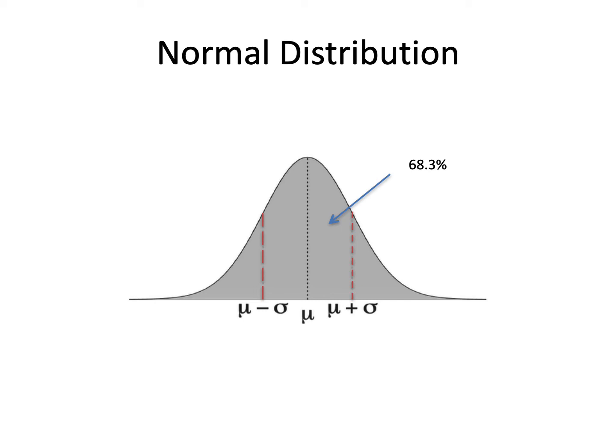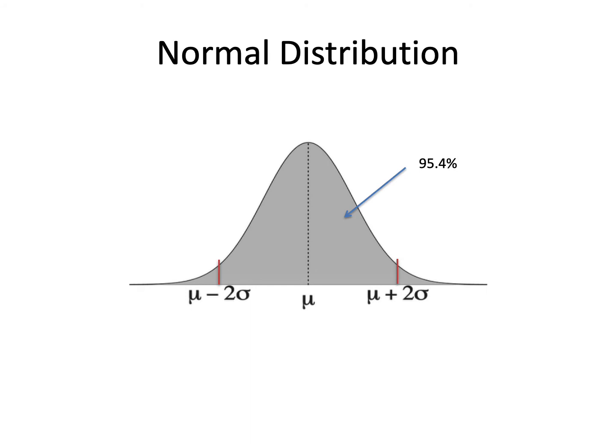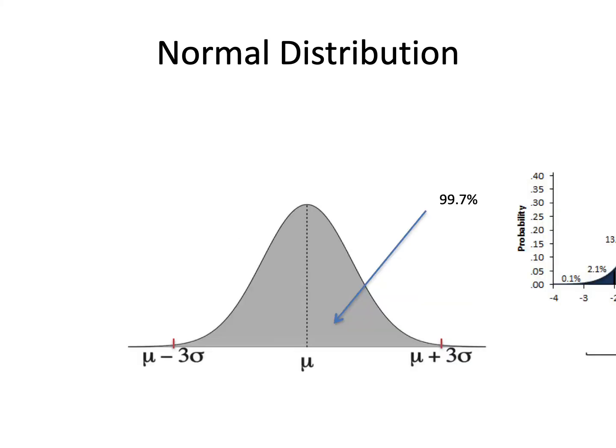And here again, if we plot with minus 2 standard deviations to plus 2 standard deviations, approximately 95% of the area lies within 2 standard deviations of the mean. We can see here the area of coverage is around 95%, and approximately 99.7% of the area lies within 3 standard deviations of the mean.